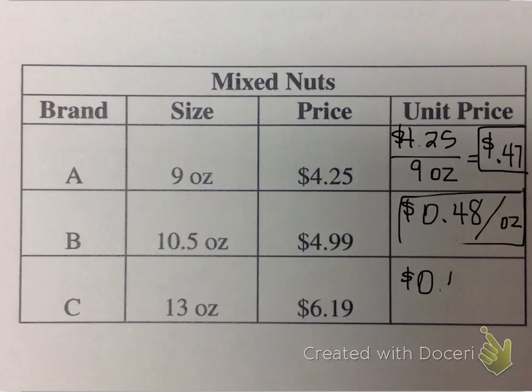So 48 cents, and I'll write it another way that you may see it, per ounce. So it looks like the cheapest brand is brand A when you break it down by the ounce.